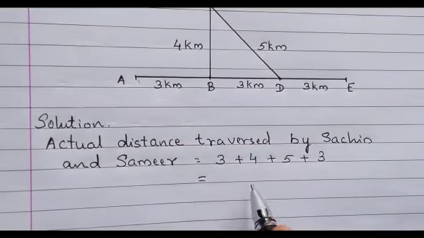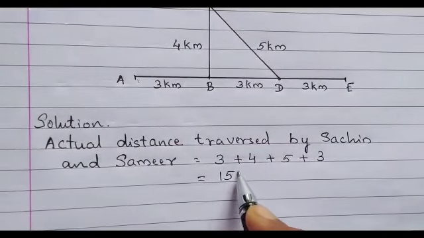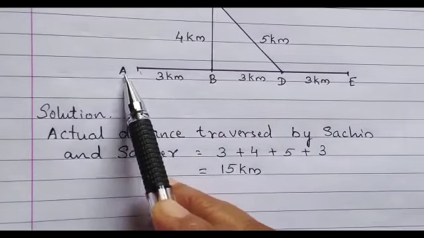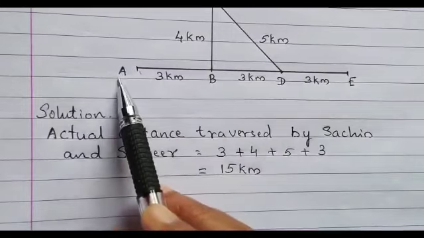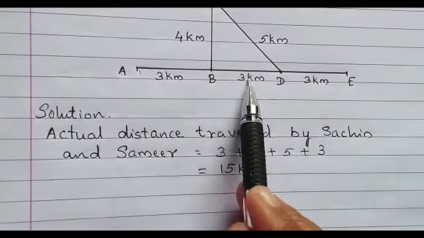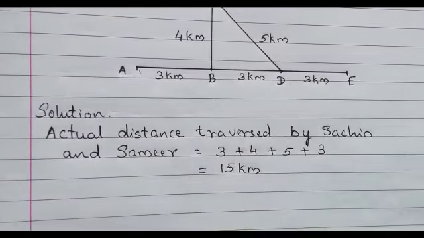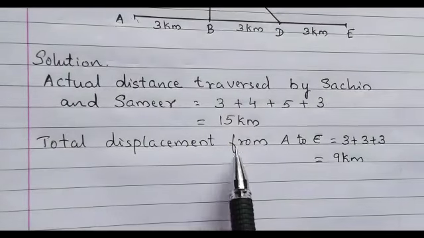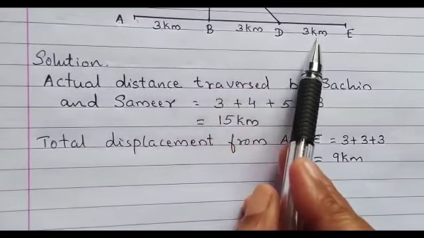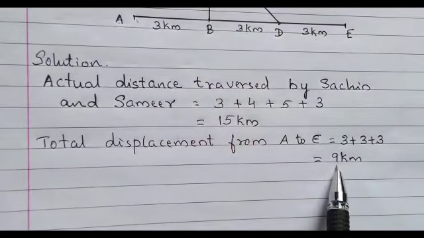That is equal to 15 kilometers. Now in this process, the two of them are displaced from A to E. This is their initial point and this is their final point. So if you add up these values, you will get the displacement. So the total displacement from A to E is 3 plus 3 plus 3, that is 9 kilometers.